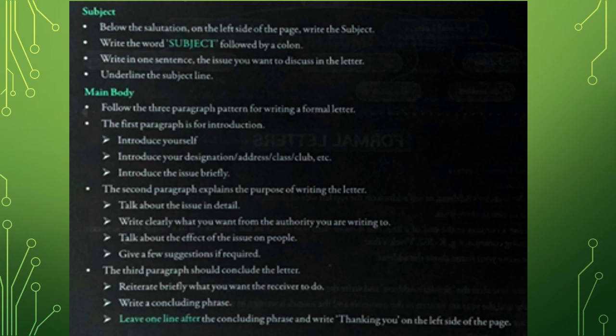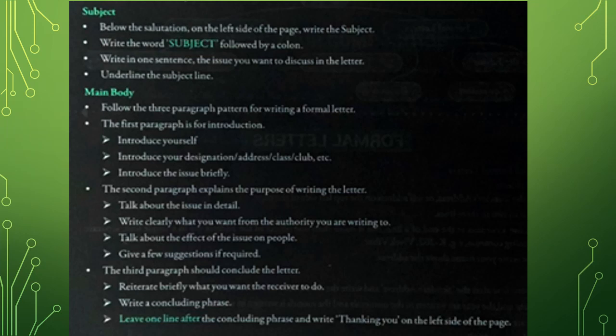So it is always advisable to introduce yourself, then introduce your designation, address, class or club, and so on. And then introduce the issue briefly, whatever you are writing the letter for.